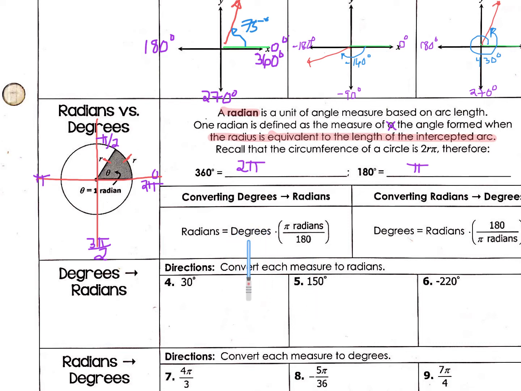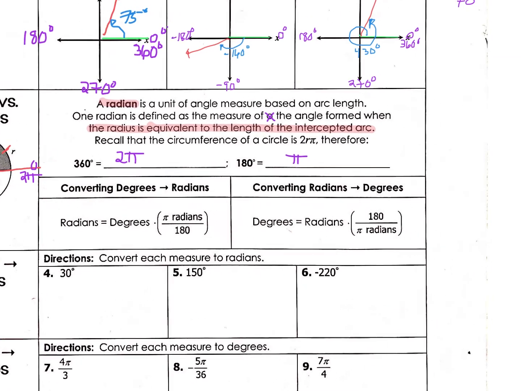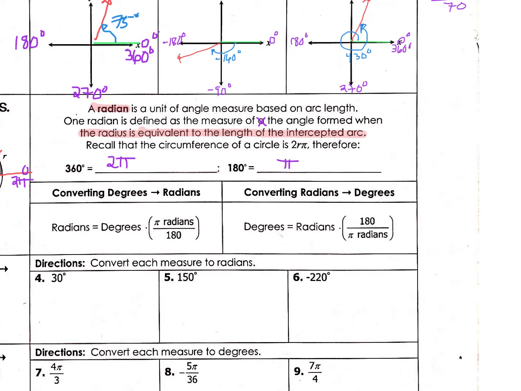So whatever your degrees are, it could be 147 degree angle. You're going to take 147 degrees and multiply it by pi over 180, because your degrees will cancel, because this right here is degrees, and you'll be left with radians in the numerator. Same thing with radians, only we flip our conversion factor. If I'm going to get rid of radians, I'm going to put pi on the bottom, because radians is in terms of pi.